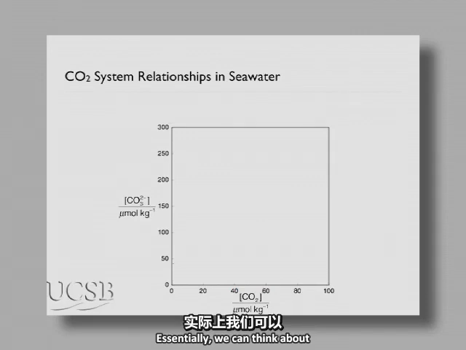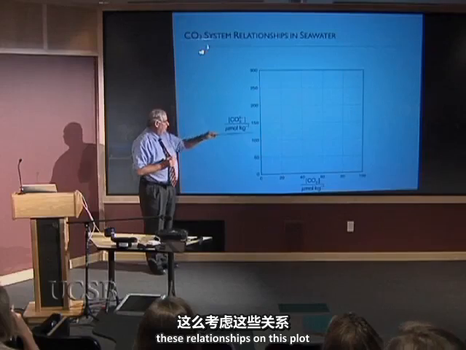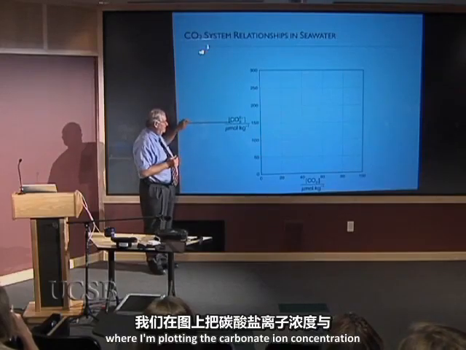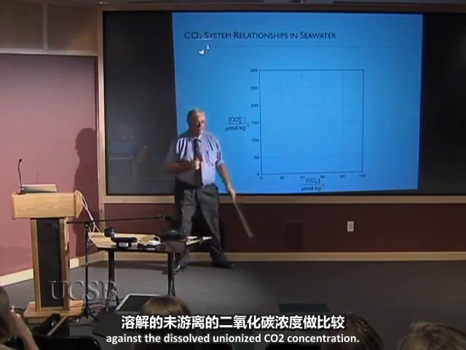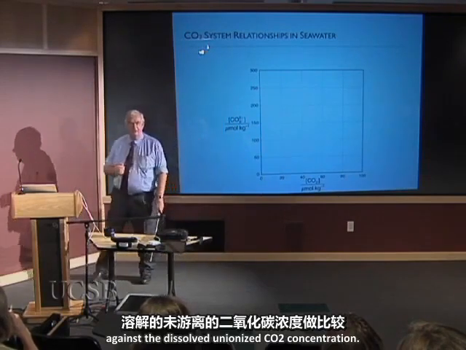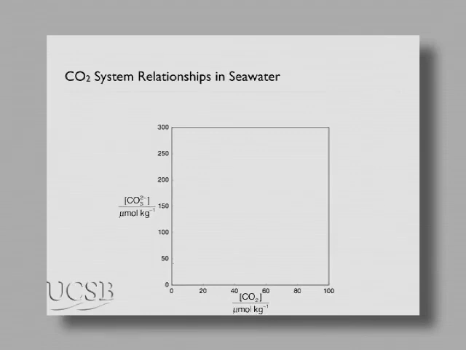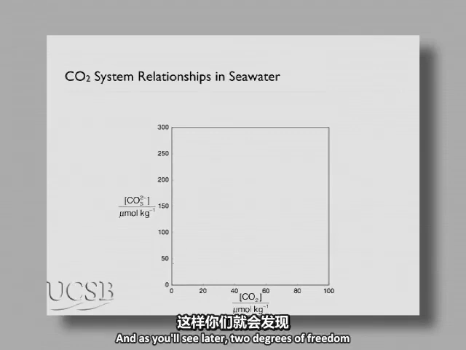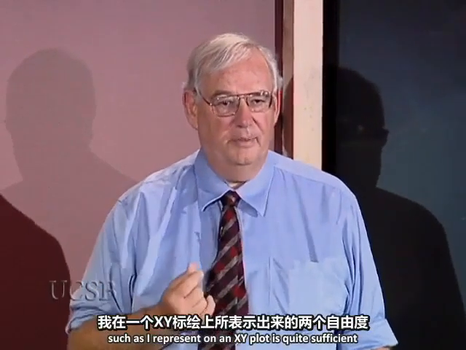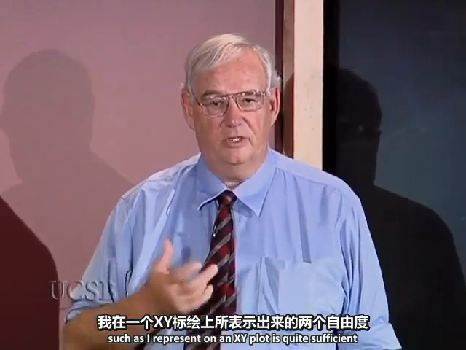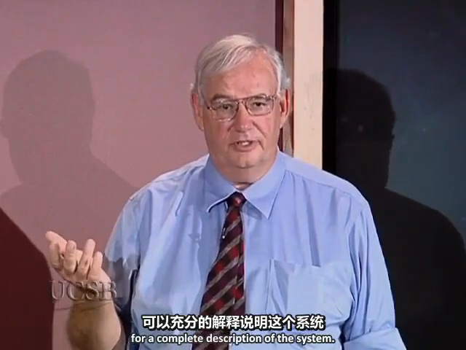Essentially, we can think about these relationships on this plot, where I'm plotting the carbonate ion concentration against the dissolved unionized CO2 concentration. And as you'll see later, 2 degrees of freedom, such as are represented on an XY plot, is quite sufficient for a complete description of the system.